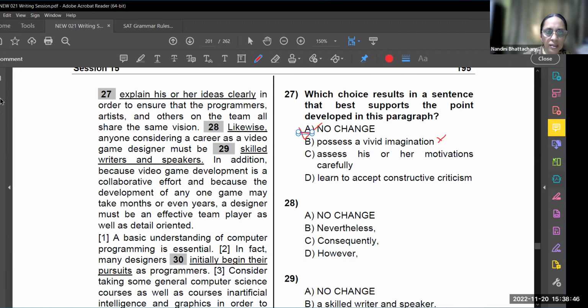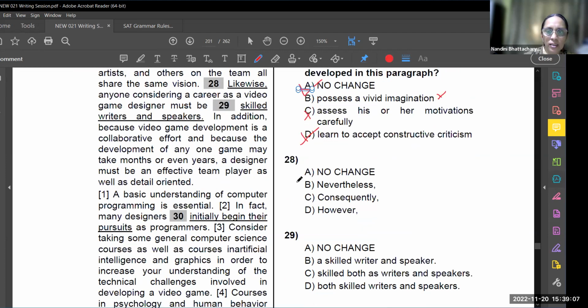We already have said they are doing extensive documentation. Assess motivations, no. Learn to accept constructive criticism in order to ensure that programmers, artists understand what they are sharing. No. Okay. Now question number 28.